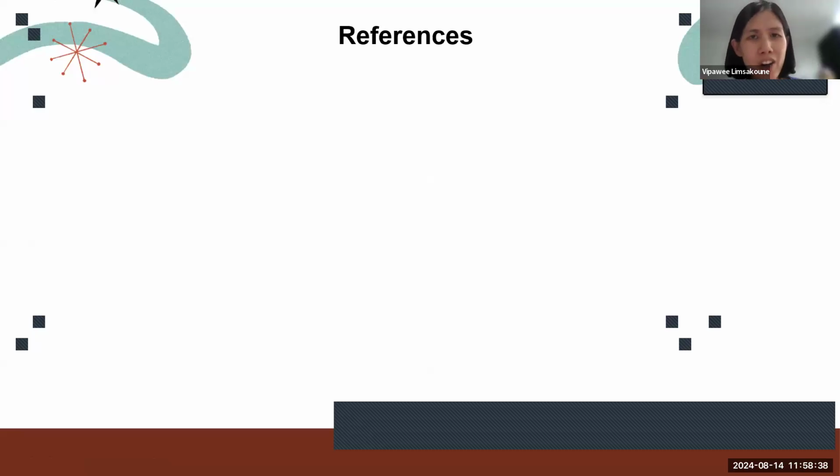And there is an additional slide for the reference. This reference is for the links that you use for finding information and research. But for the photos, it is okay. You don't have to put a reference for every photo for this assignment. Okay.